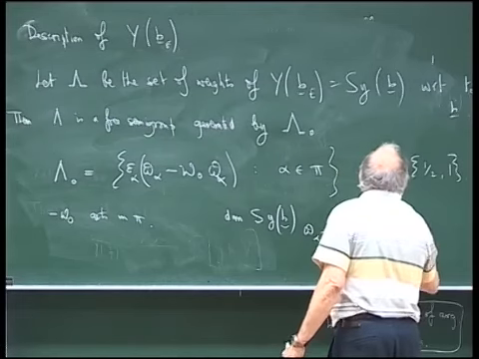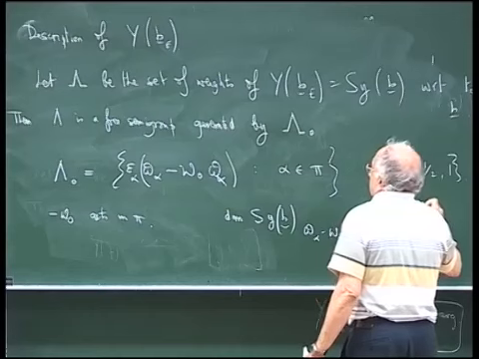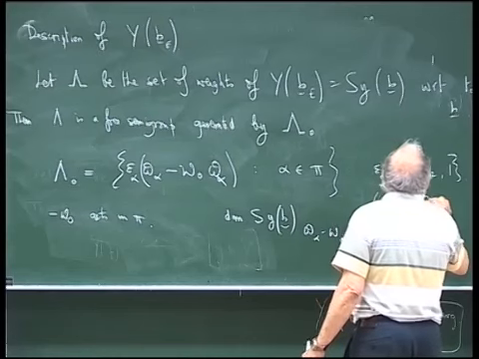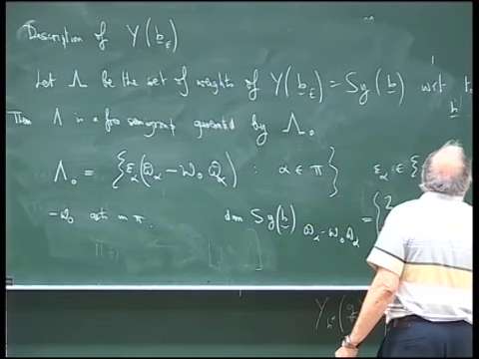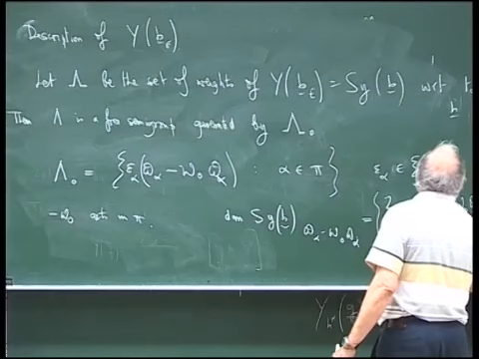Maybe I'll just say it like this: 2 if pi alpha is not equal to minus W0 pi alpha, and 1 otherwise.